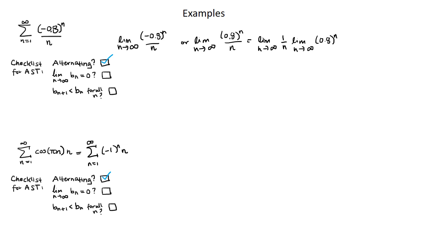We know that as n goes to infinity, 1 over n goes to 0. And this geometric sequence goes to 0 when we have a ratio with absolute value less than 1. So we get 0 times 0, or 0. Okay, so this second checkbox is complete.